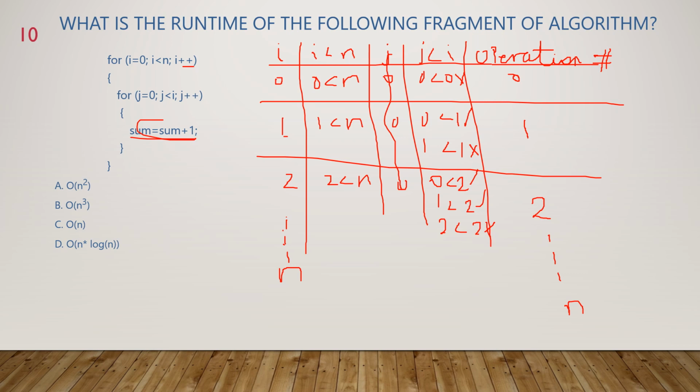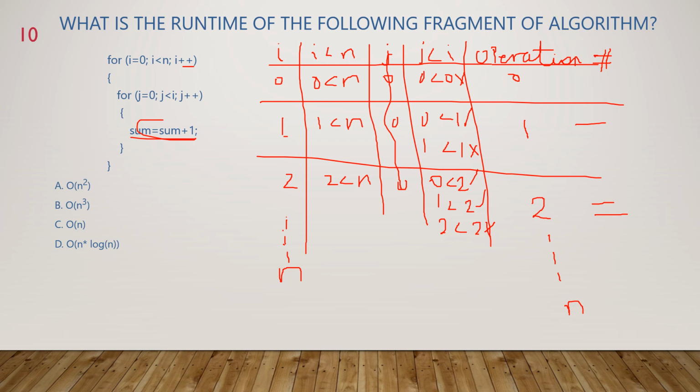This one is 0 times, this one is 1 time, and here 2 times, and if it is 3, then 3 times.